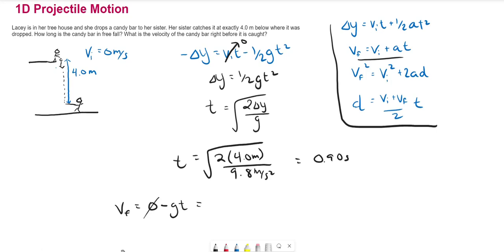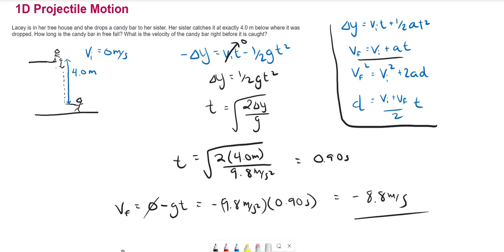So 0 goes away, and our v final is just negative g times t. So that's negative 9.8 meters per second squared times our time, which we just found. And that is going to give us a final velocity of 8.8 meters per second.